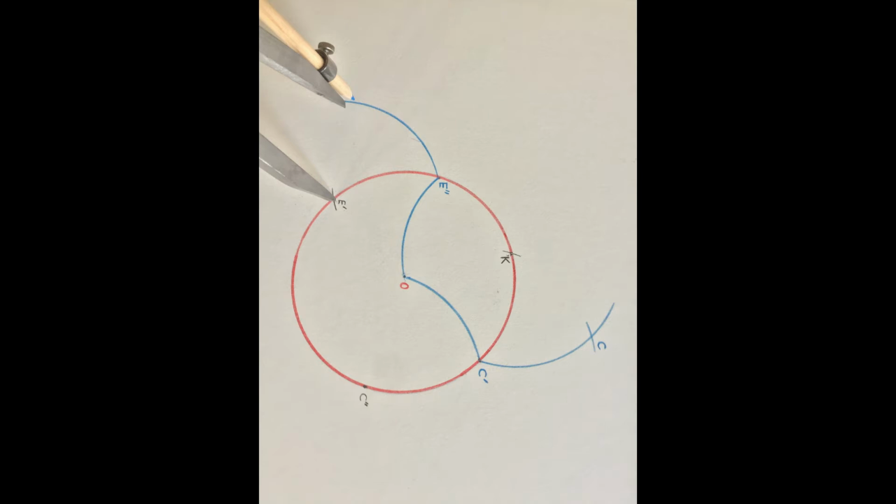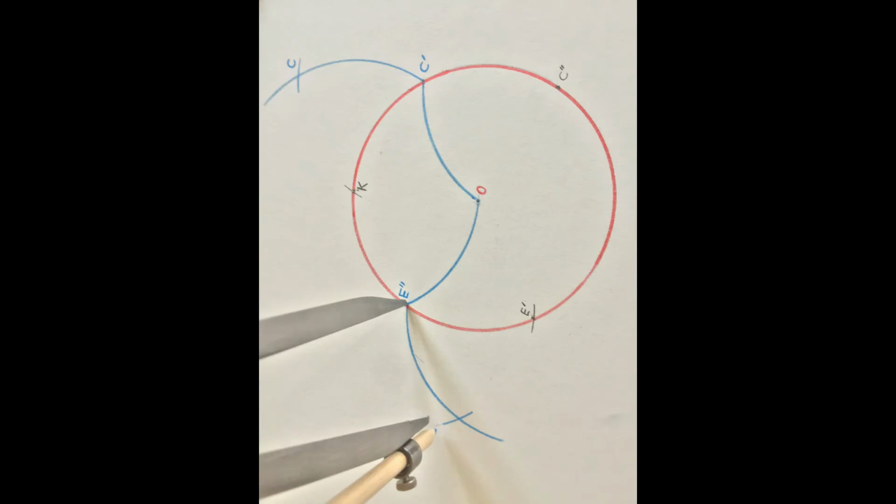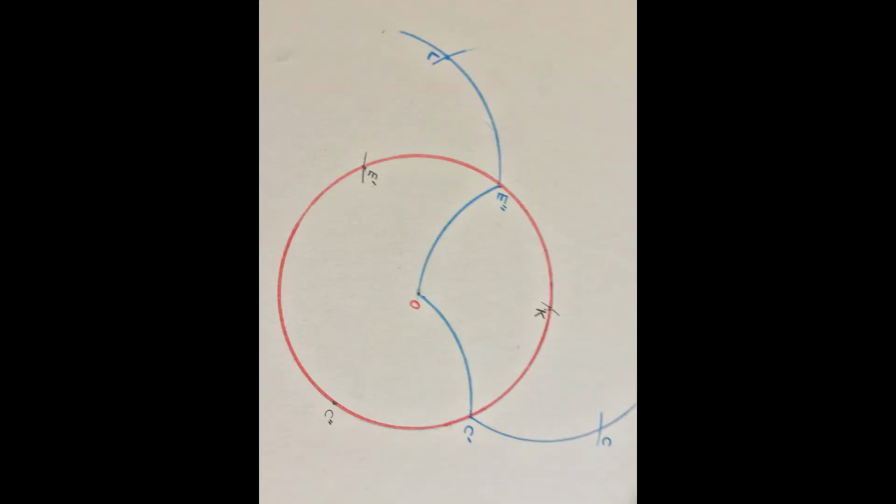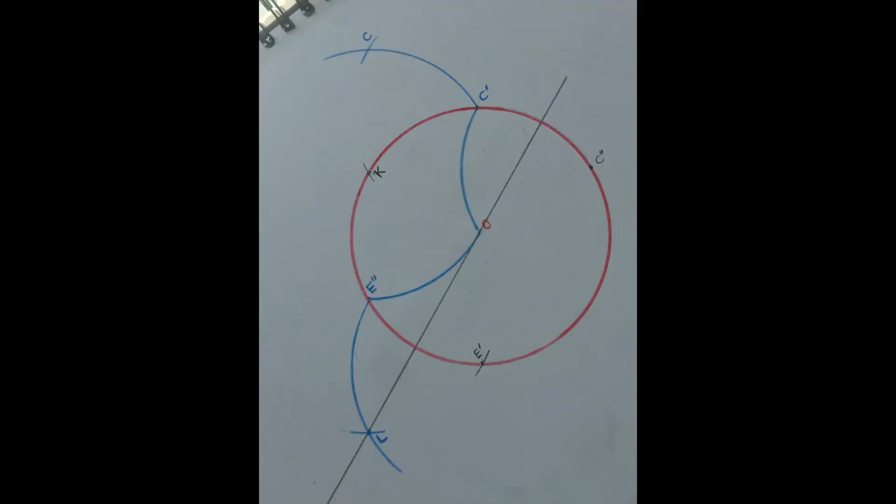I point my compass at E'' and cut this arc of a circle at L. I thus get the arc of a circle E''L. I can now draw the line LO.